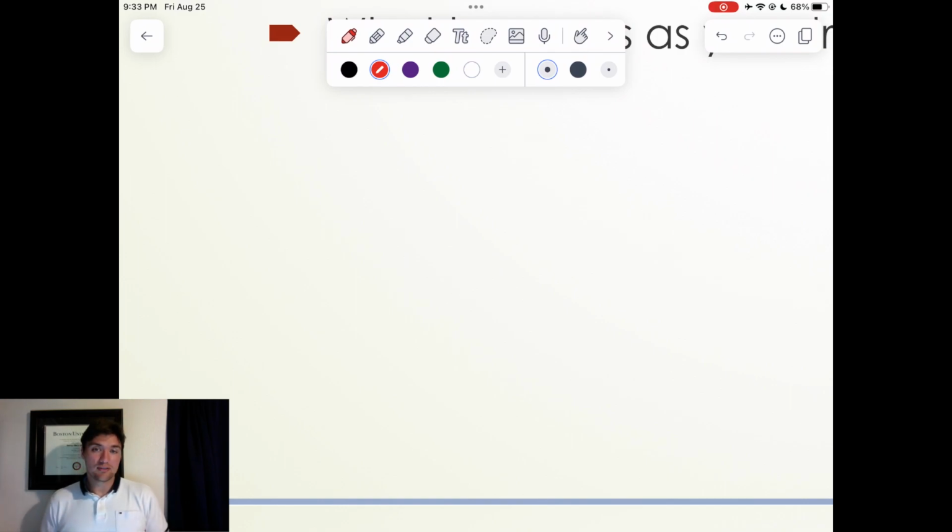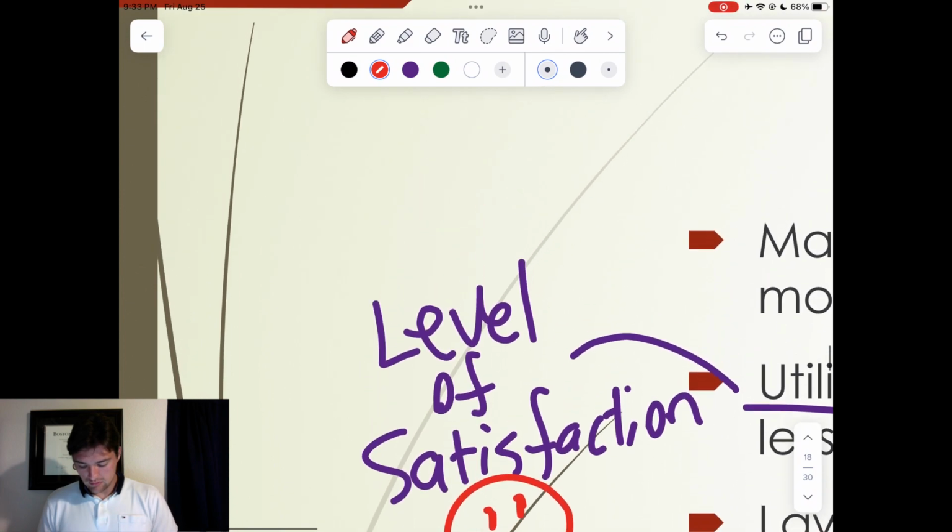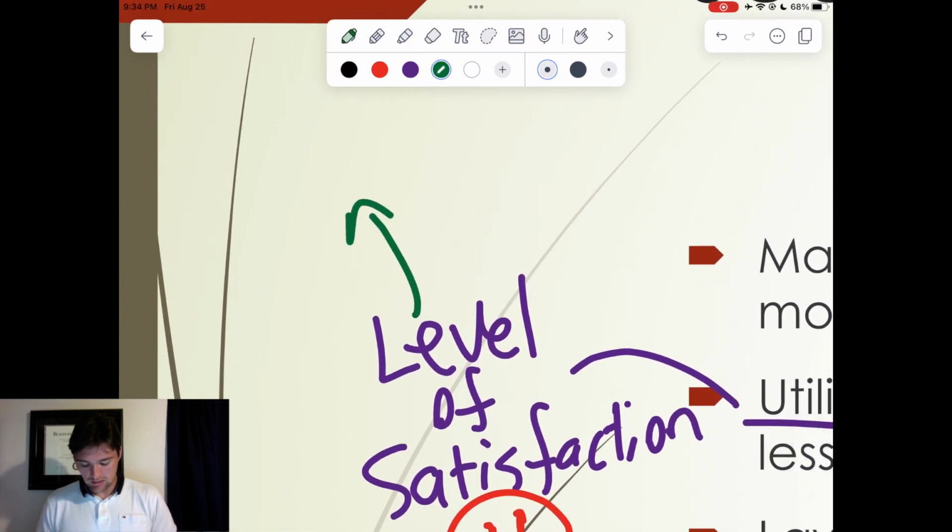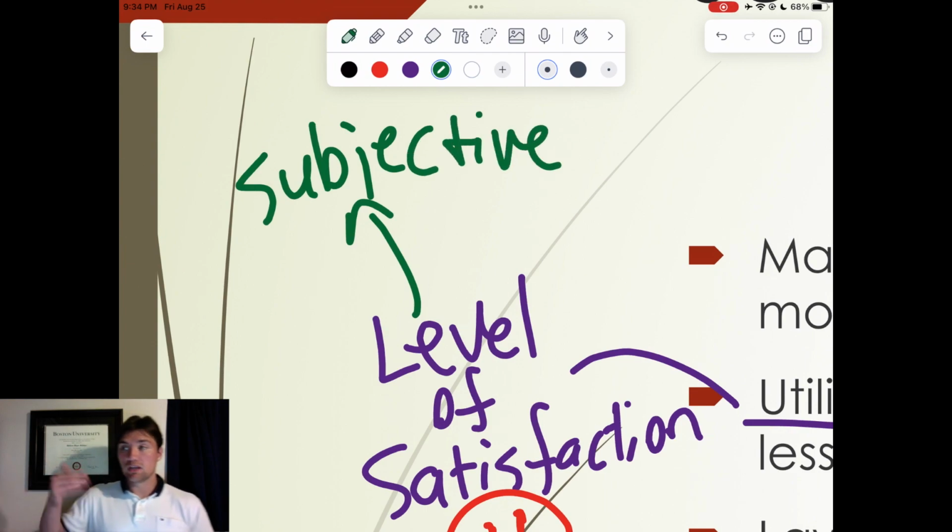Because the thing about utility is that it's all subjective. Meaning, if I said something makes me 150 utility, and you said something makes you 150 utility, we're not saying the same thing, right? Because my happiness is completely different from your happiness.